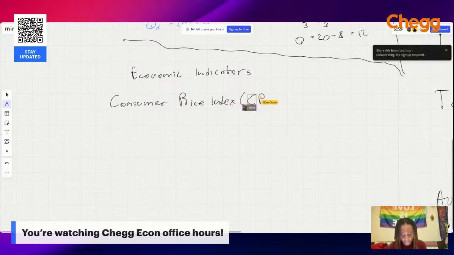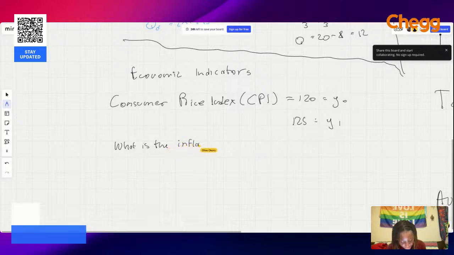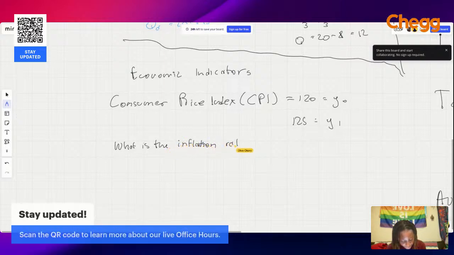Also known as the CPI, usually mentioned in economic reporting or the Wall Street Journal, if you guys are into that, was 120 in year 0 and 125 in year 1. What is the inflation rate?